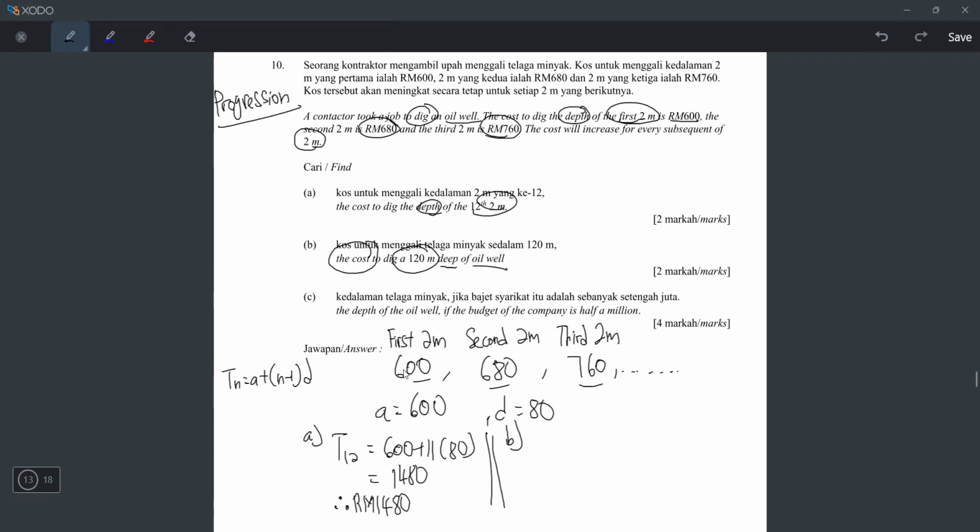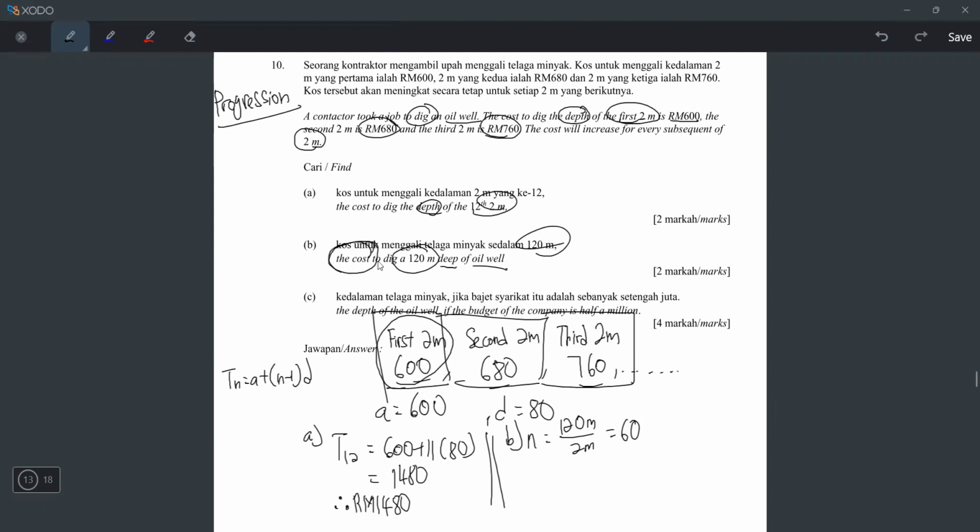Because the first term, this 600, is the cost for menggali 2 meter, and then this is for menggali 2 meter. So if I want to gali 120 meter, the n will be 120 meter divided by 2 meter, which is 60. If I only have one term, then I gali 2 meter. If I have two, I gali 4. If I have three terms, I gali 6 meter. So if I have 60 terms, then I gali 120 meter.